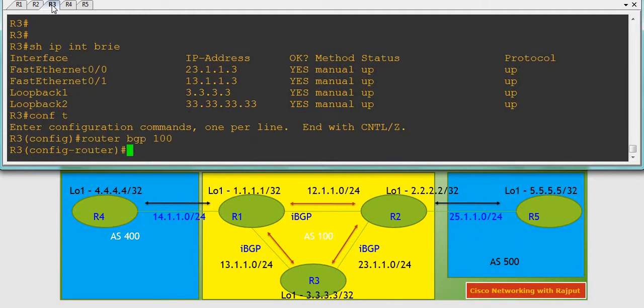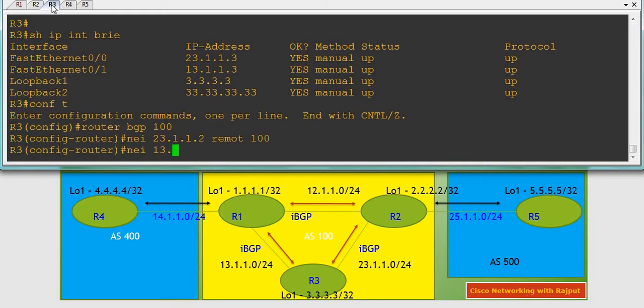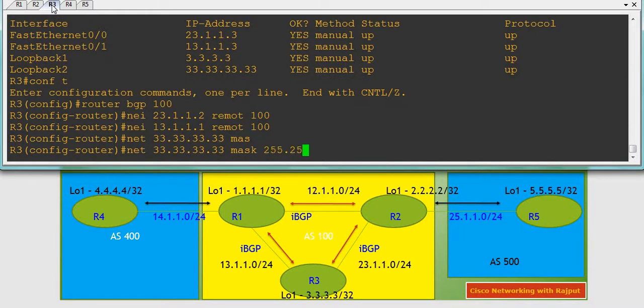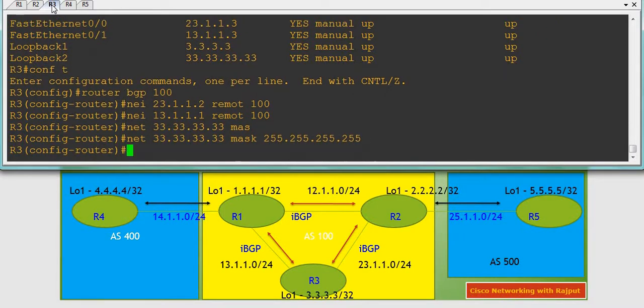Router bgp 100, neighbor 23.1.1.2 remote-as 100, neighbor 13.1.1.1 remote-as 100, and network will be 33.33.33.33 mask 255.255.255.255.